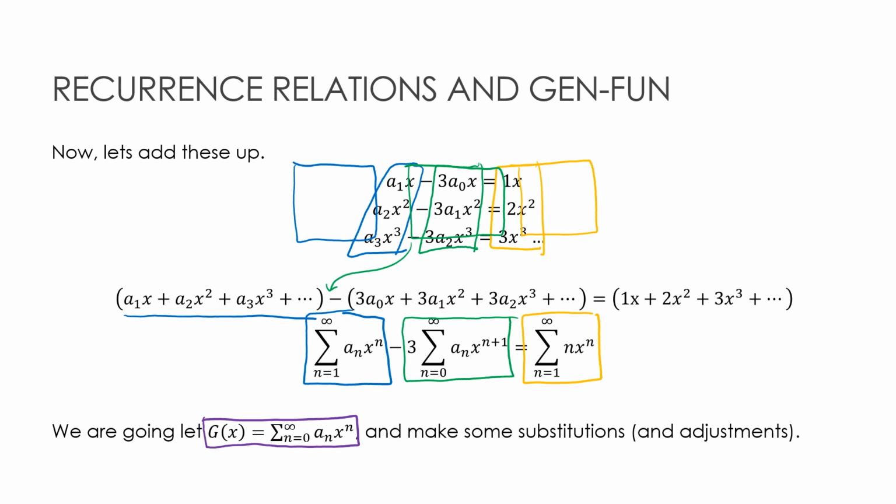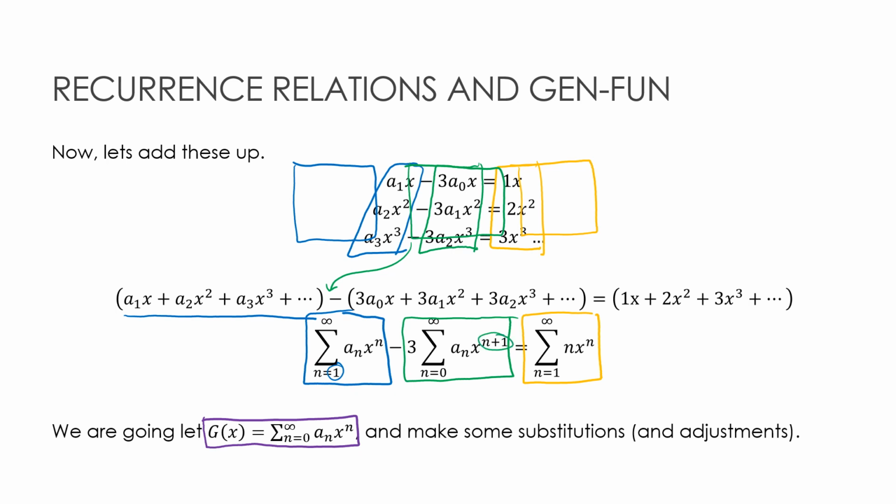Now, looking at the 3 boxes, the blue, the green, the yellow, the 3 expressions, some of them are close to a sub n x to the n, some of them are not so close. So we might have some differences, like this one starts at 1 instead of 0. And this one has a little issue with n plus 1.